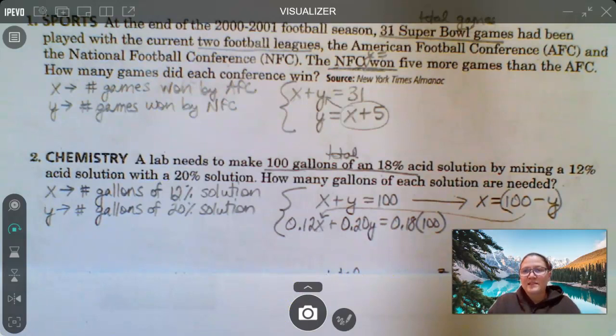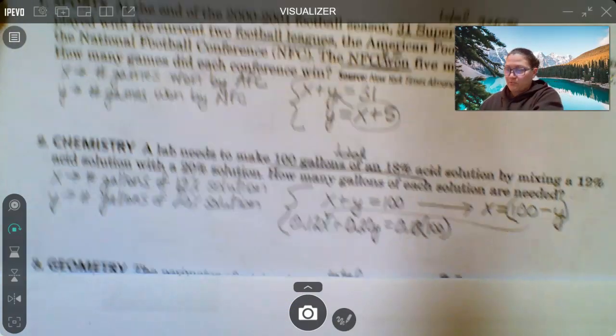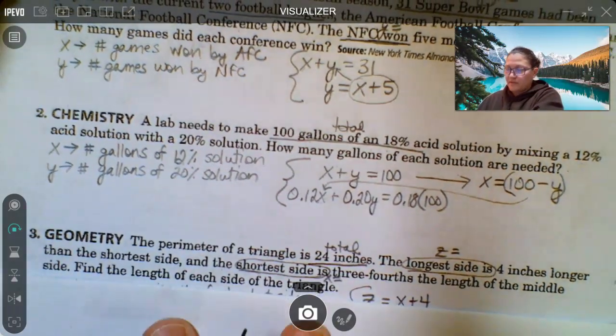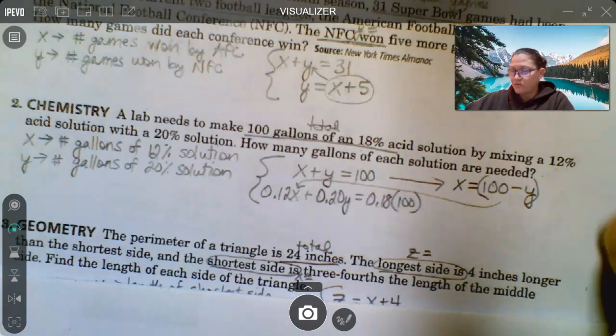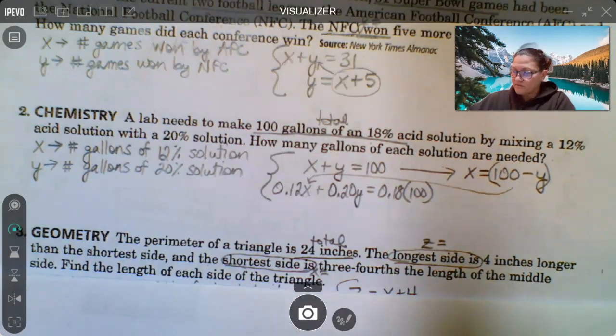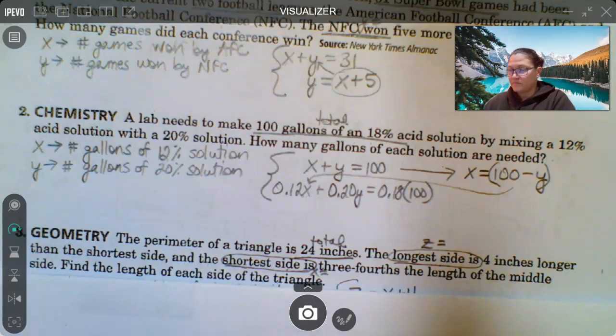Now for my last example, this one is a perimeter example. Okay, so for this one, I have my total perimeter marked is 24 inches. I know something about the longest side, I know something about the shortest side, and I don't know anything really about the middle side.